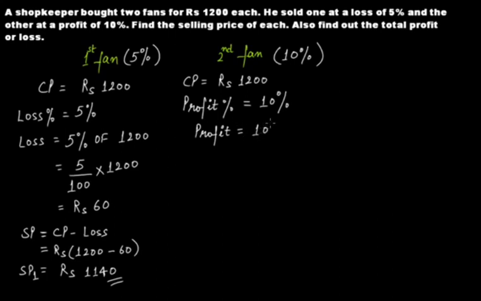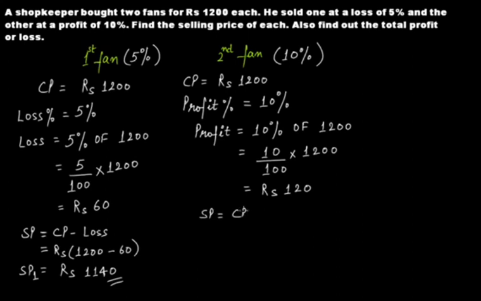So 10% of the cost price, that is 1200. So in this case you get 10 by 100 multiplied by 1200, and your profit comes as rupees 120. So since you're making a profit of rupees 120, your selling price will be cost price plus profit.